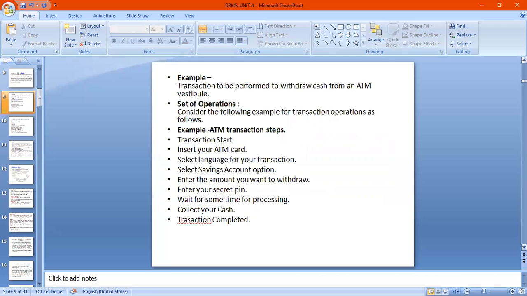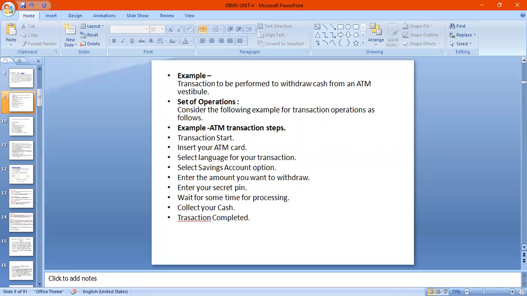First, the transaction starts. Insert your ATM card. Select language for your transaction. Select saving account option. Enter the amount you want to withdraw. Enter your secret PIN. Wait for some time for processing. Collect your cash. Transaction completed.